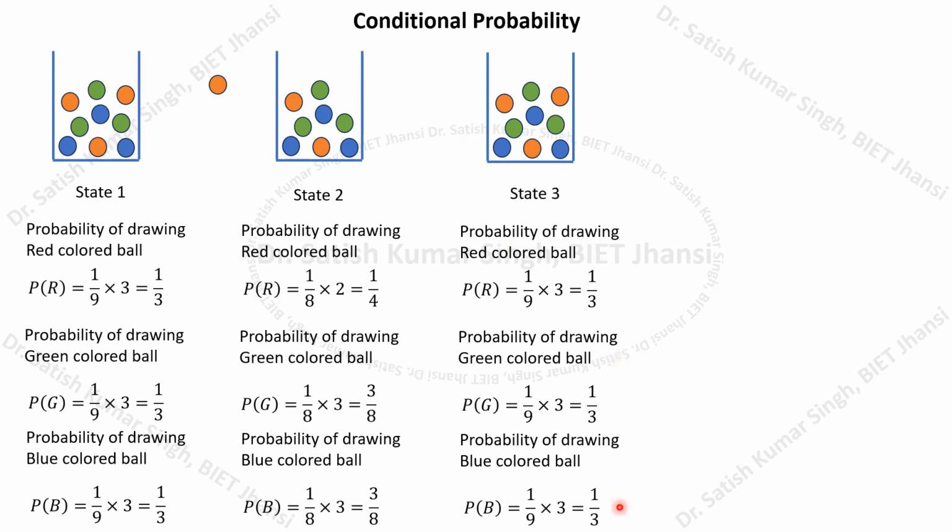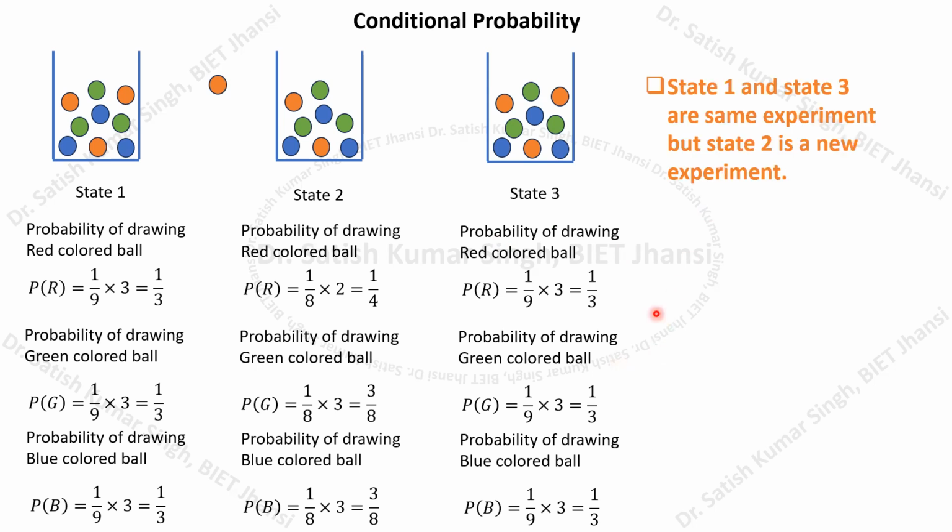One thing we have to understand here is that state 1 and state 3 are the same experiment, because the systems are the same. But state 2 is a new experiment. Why is it a new experiment? Because the system has changed, since one of the balls was already drawn and was not replaced.